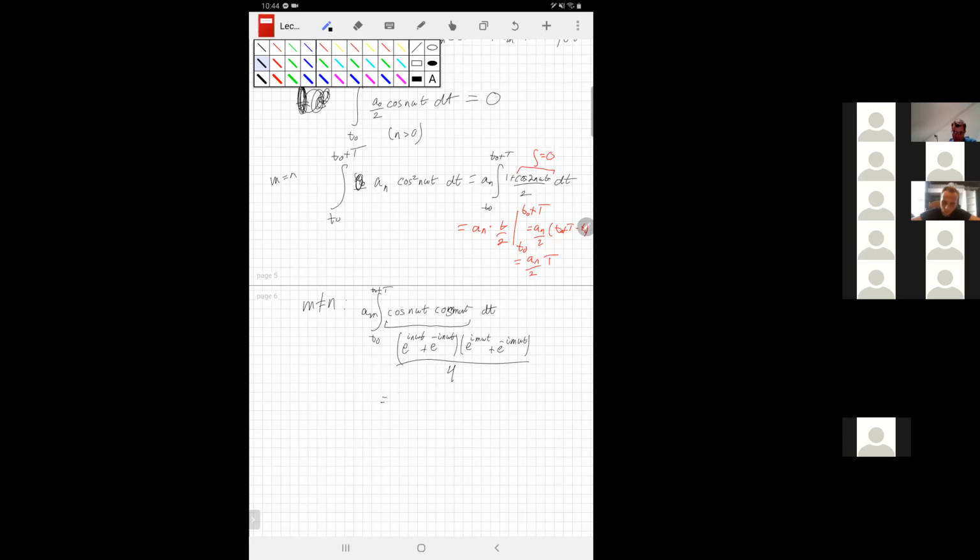So we get 4 terms in here. We're going to have e to the i (n plus m) omega t, plus e to the i (n minus m) omega t, plus e to the i (m minus n) omega t, plus e to the minus i (n plus m) omega t, whole thing over 4.